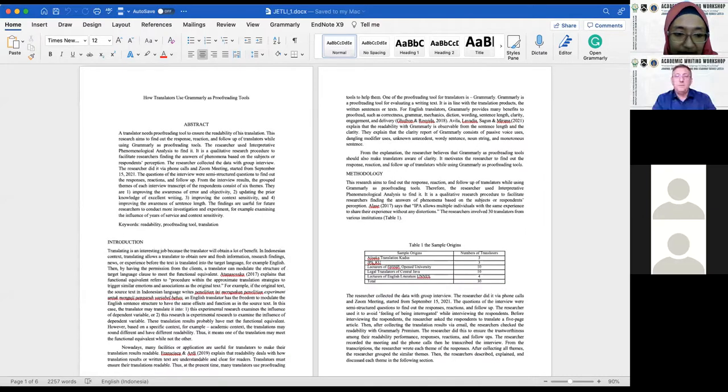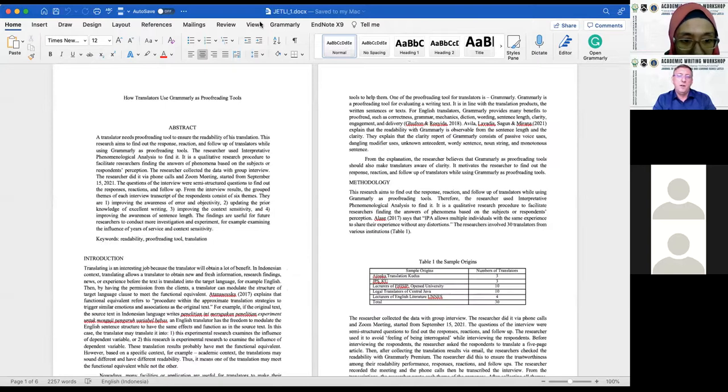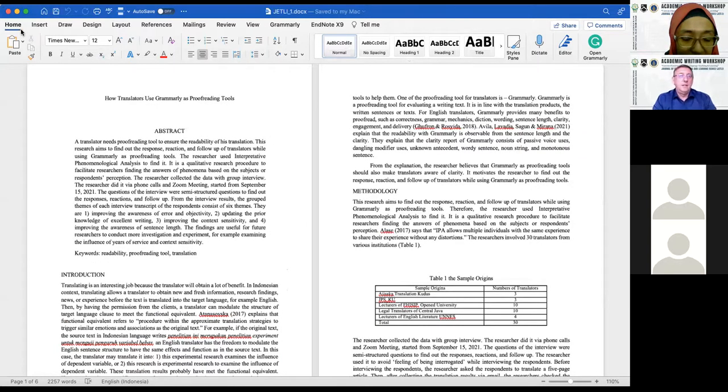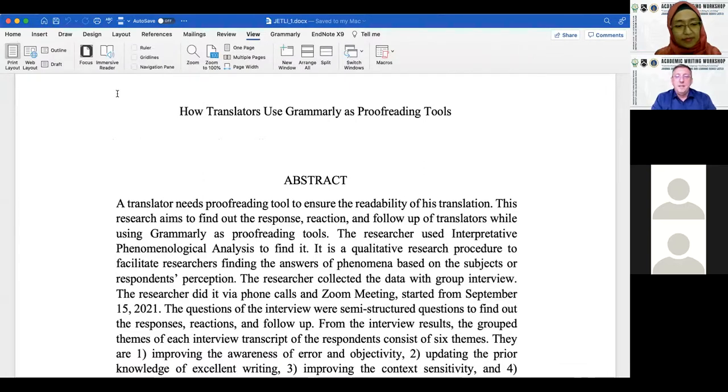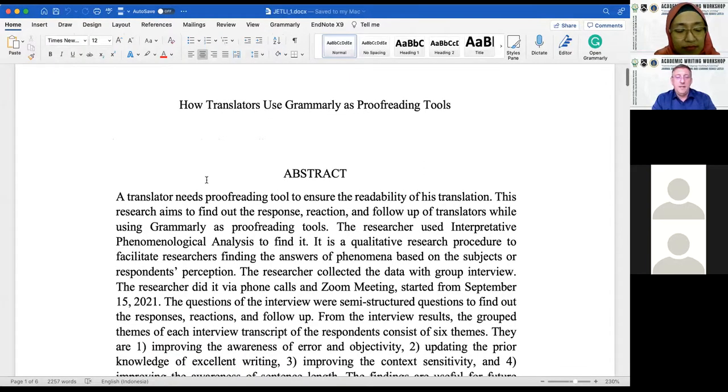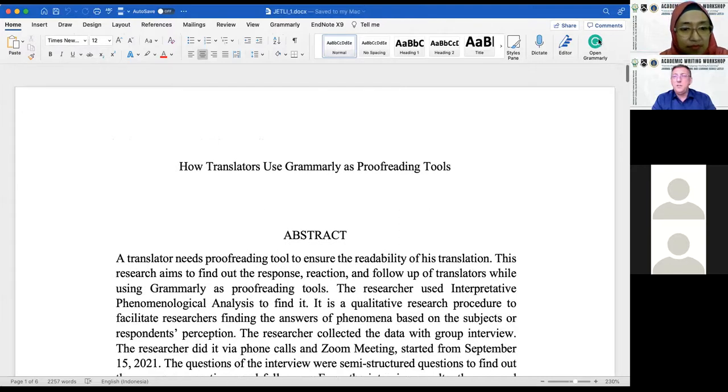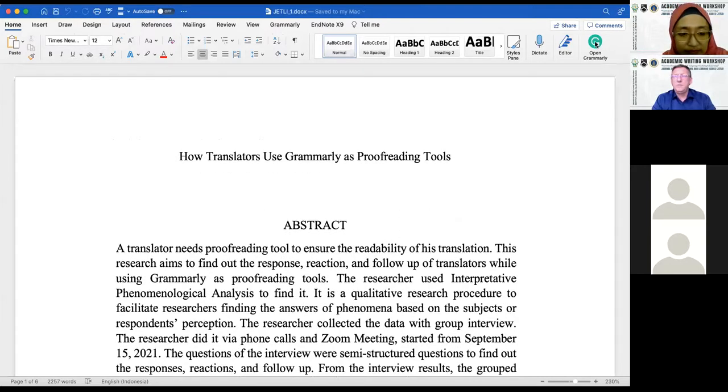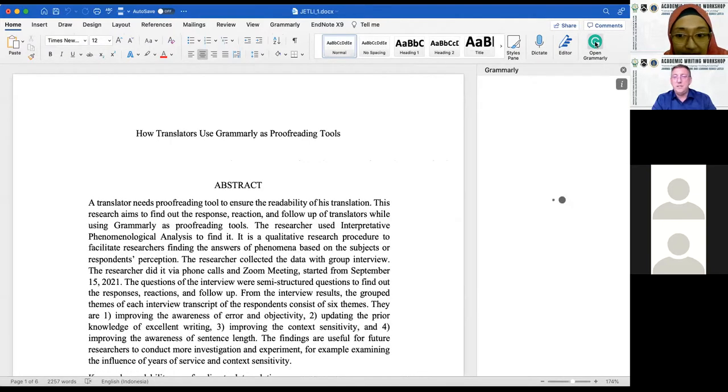Now, like I said before, I use Grammarly. For instance, this article was sent to me earlier, and I am going to do a quick Grammarly scan. This is the first thing I do.